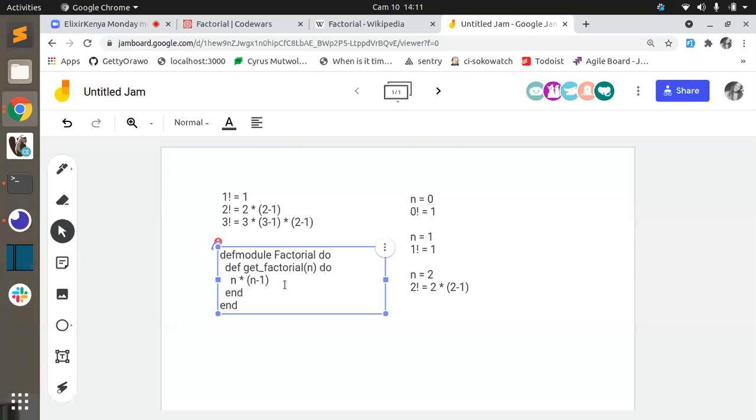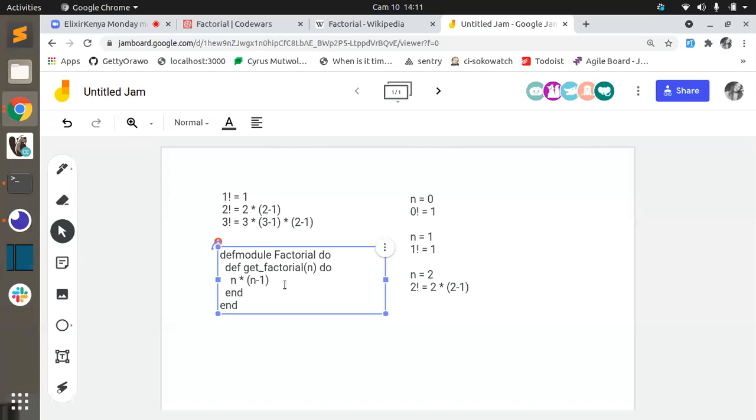And how do we know that we have reached 0? If we have the second get_factorial function that would accept only 0 instead of n, then we would know that we reached 0, because the pattern matching would pick the 0 function whenever we have 0.